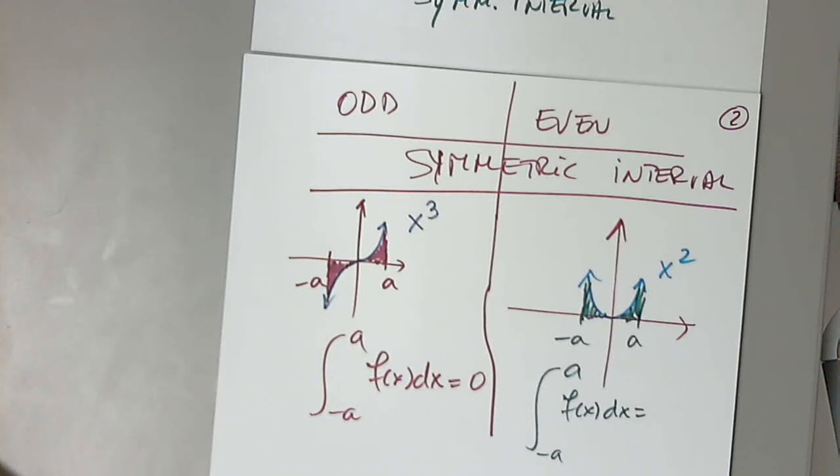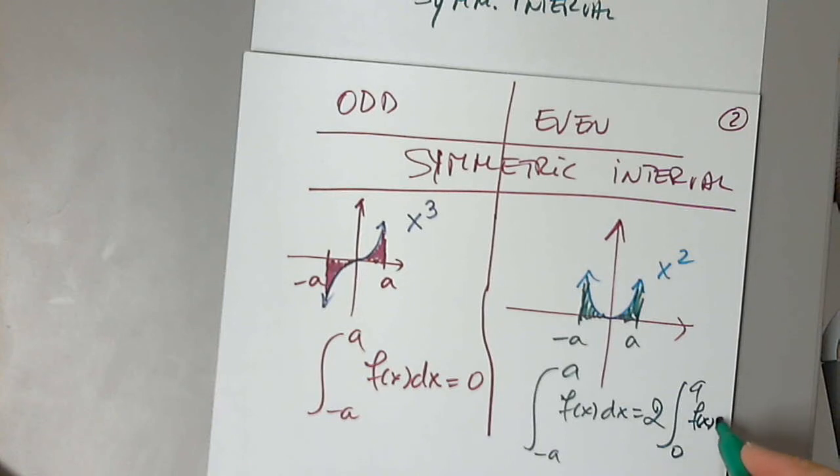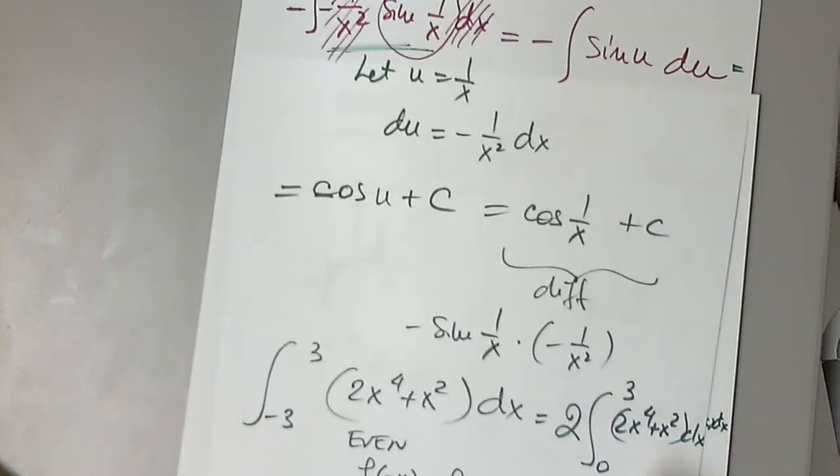Two identical pieces, but this time they're two positive identical pieces. So that's why we are allowed to change it into twice the integral from 0 to a of f of x dx, which is easier to calculate than the integral from -3 to 3. Is that clear? Okay, so that's why we wrote this. Do we have to? No, but it's easier to calculate.